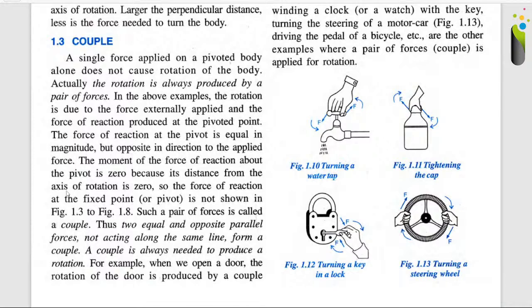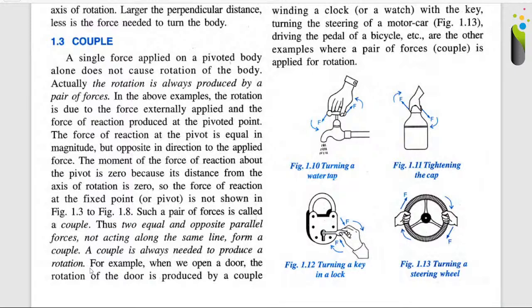So the force of reaction at the fixed point or pivot is not shown in figure 1.3 to figure 1.8. Such a pair of forces is called a couple. Thus, two equal and opposite parallel forces not acting along the same line form a couple. A couple is always needed to produce a rotation.